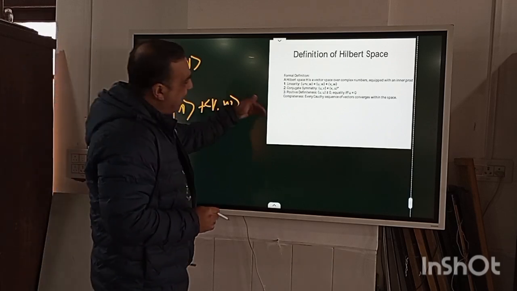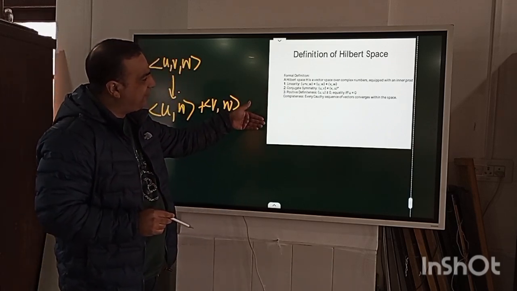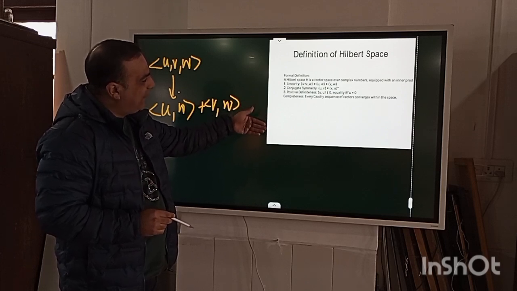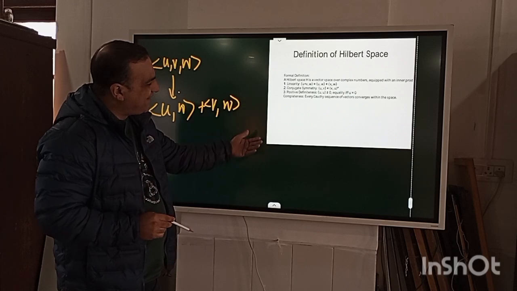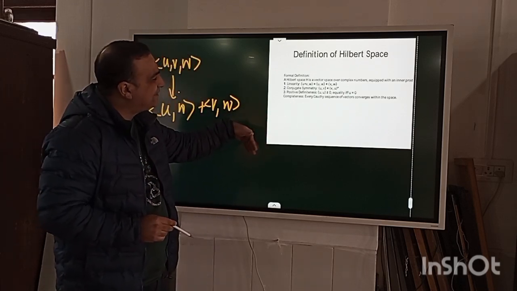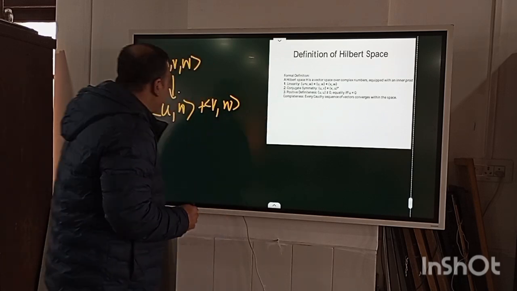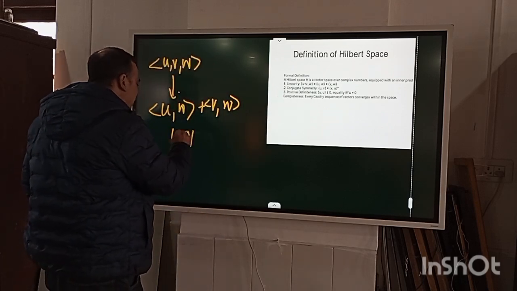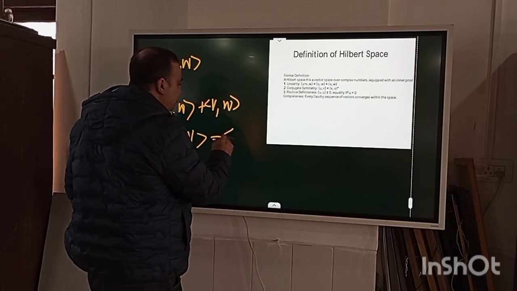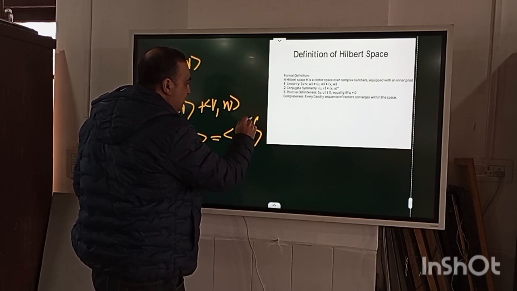And as in the conventional Schrödinger picture, we have a wave function and its complex conjugate, in a similar way, for an inner product inside the Hilbert space, there exists its conjugate. It has to have that conjugate symmetry. That means if I have two states, u and v, then its complex conjugate should also exist, v and u star.